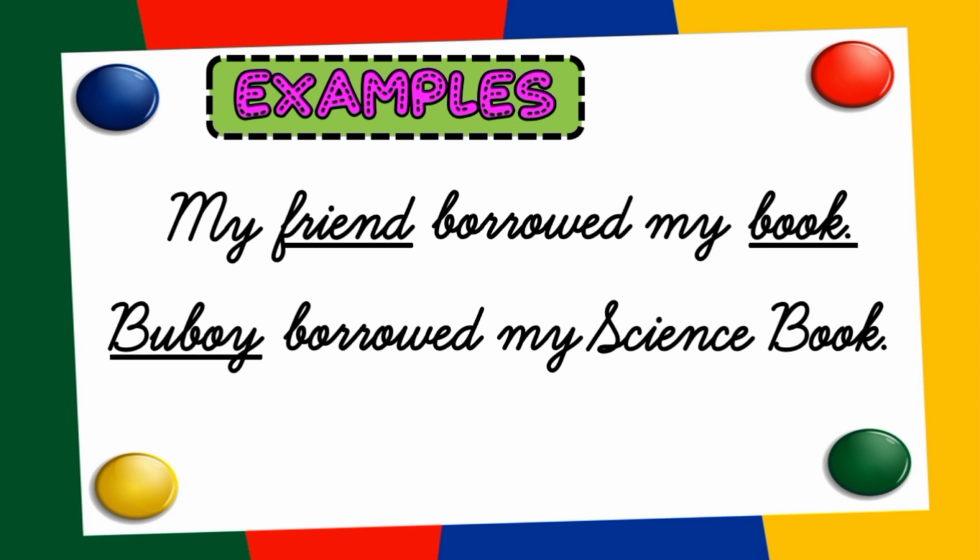Buboy is the name used to replace the common noun friend. And the words science book are the noun used to replace the common noun book. Buboy and science book are proper nouns.